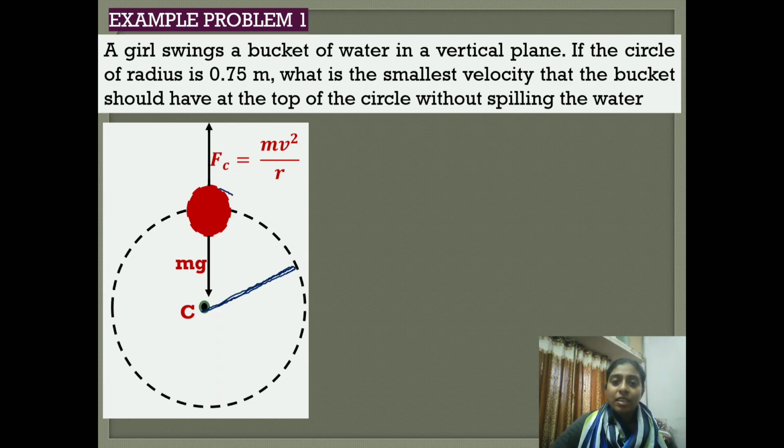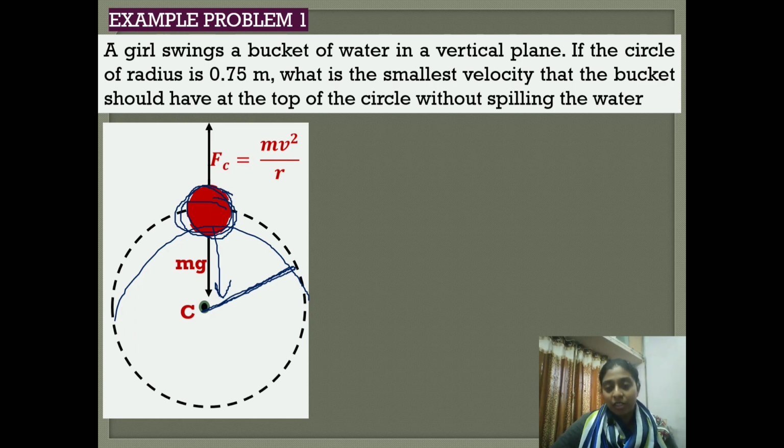So this is the bucket of water, this is the mass, at the top of the curve. When the mass is at the top of the curve, the weight of the mass will act towards the center. That is mg, the weight of the bucket with water, will act towards the center.